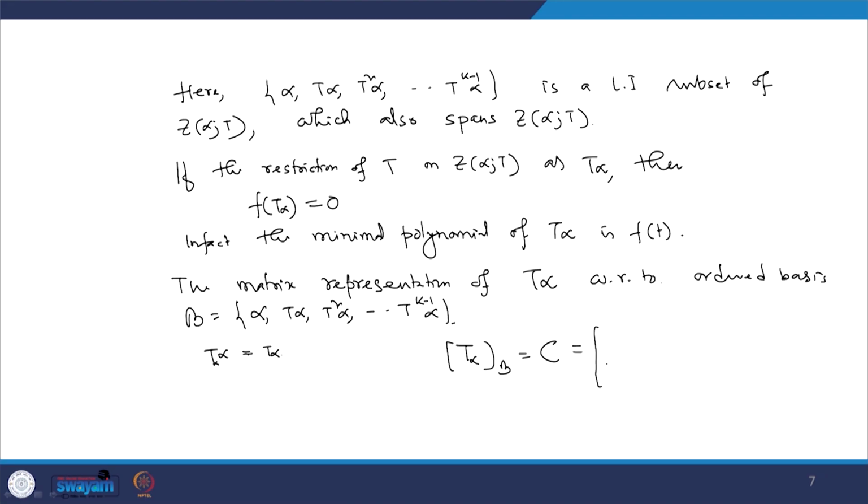So, t alpha will be basically like this. And the second element will be like this. It will continue up to 1, and the last one will be t of t k minus 1 alpha.